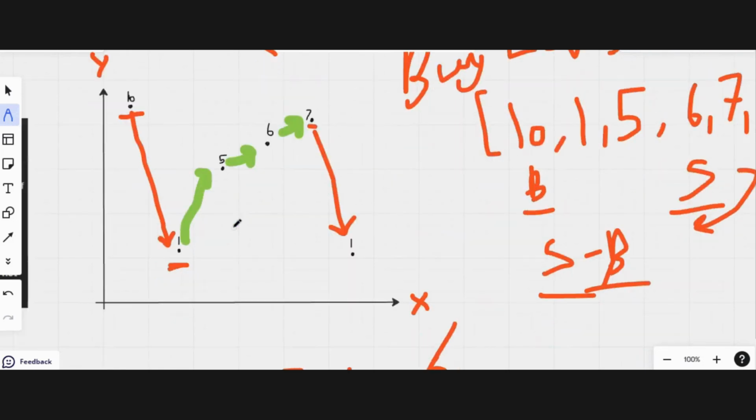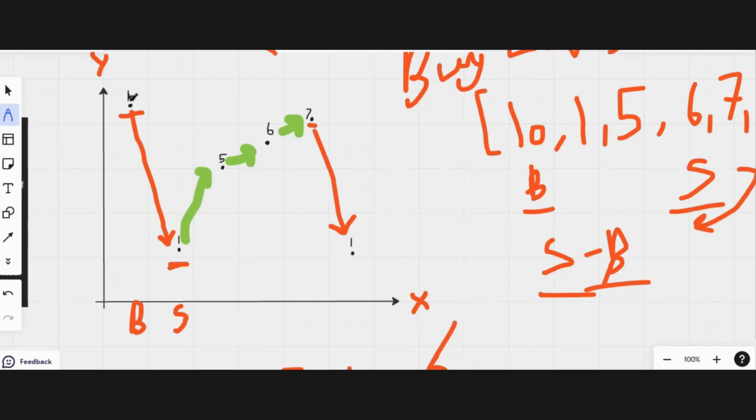And how do we go about it? We could have two pointers here, a left pointer and a right pointer. We presume that the left pointer is the buying pointer, B, and we have a sell pointer on the step next to it.